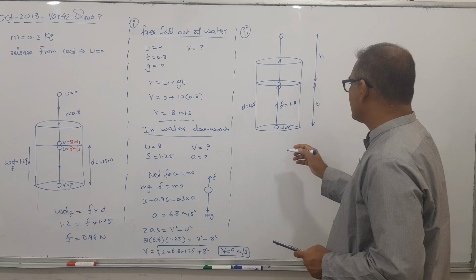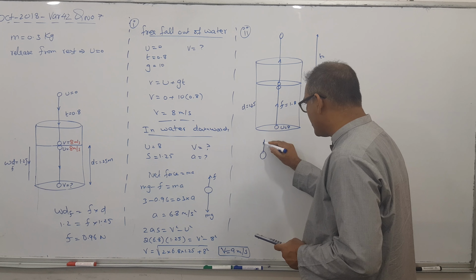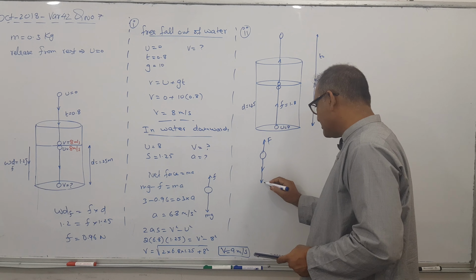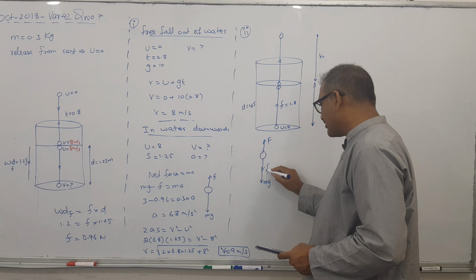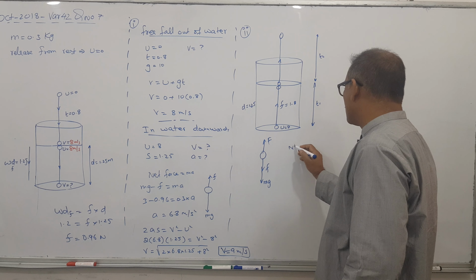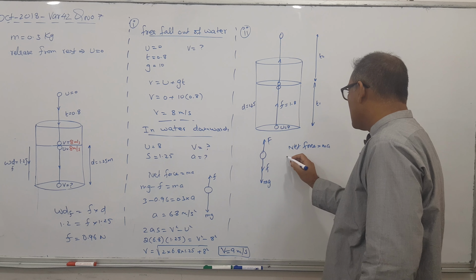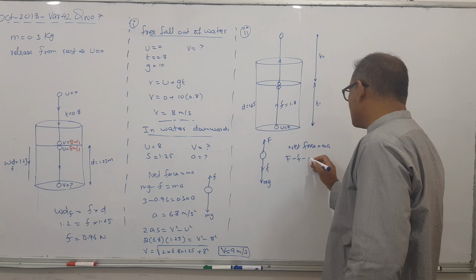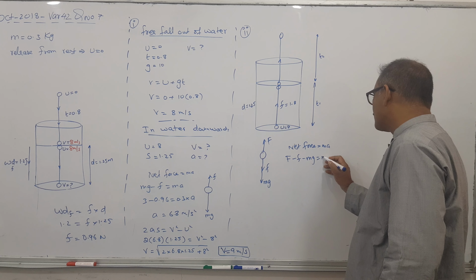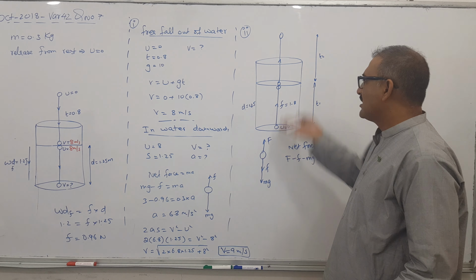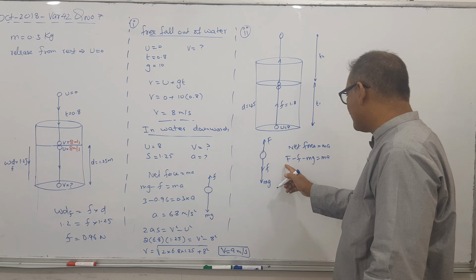We have one particle going upward with weight component mg and a friction force. Net force equals ma: applied force minus friction force minus mg equals ma. But there is no applied force because it is going due to inertia, so applied force is 0.